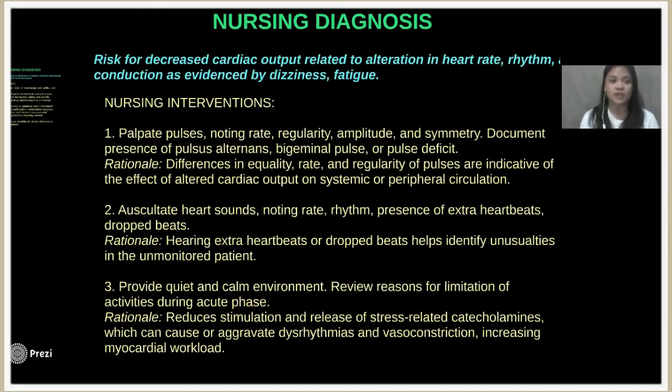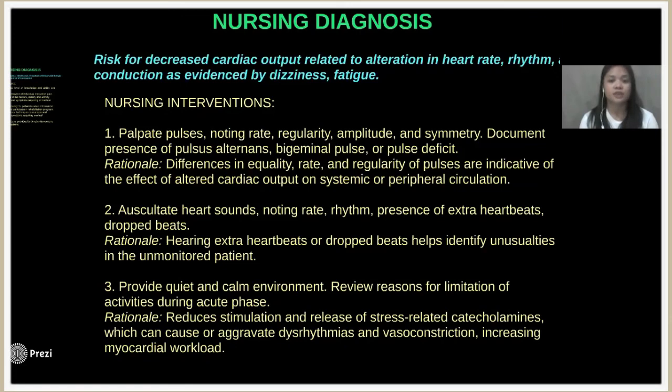Second nursing intervention, auscultate heart sounds, noting rate, rhythm, presence of extra heartbeats, and dropped beats. The rationale for this is hearing extra heartbeats or dropped beats helps identify abnormalities in the unmonitored patient. And the third nursing intervention, provide quiet and calm environment.